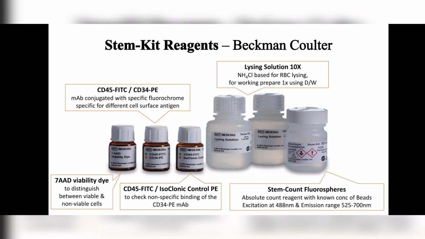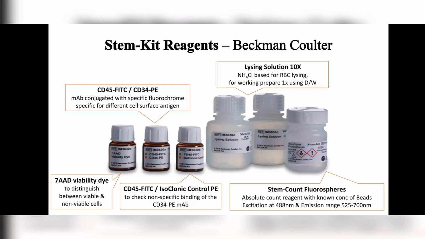Monoclonal antibody cocktail of CD45 FITC conjugated and CD34 PE conjugated, specific for different cell surface antigens. 2. 7-AAD viability dye, that is 7-aminoactinomycin D, to distinguish between viable and non-viable cells. 3. CD45 FITC conjugated isotypic control PE, to check non-specific binding of the CD34 PE monoclonal antibody.